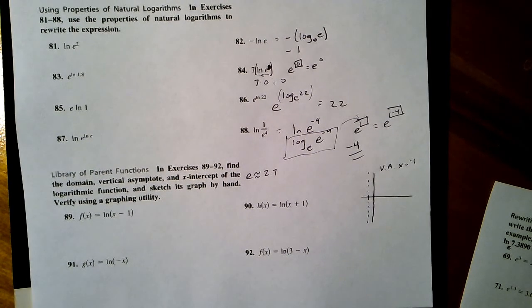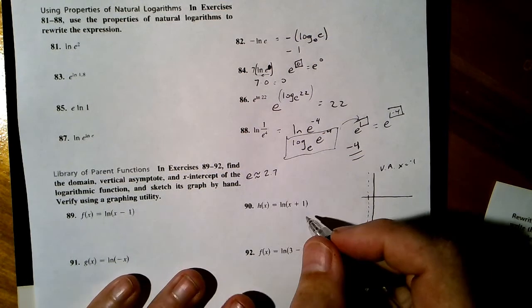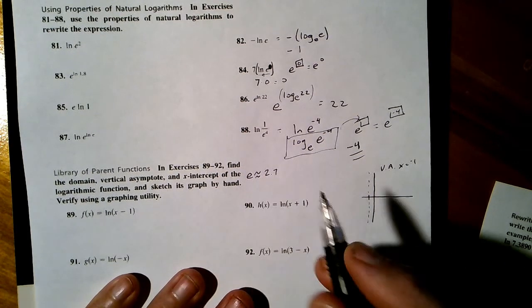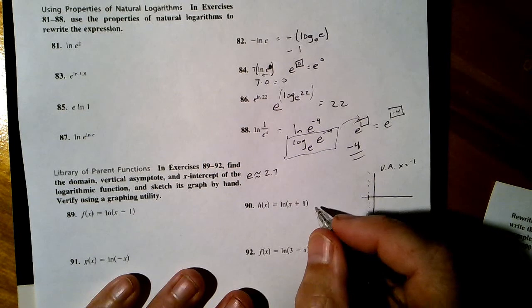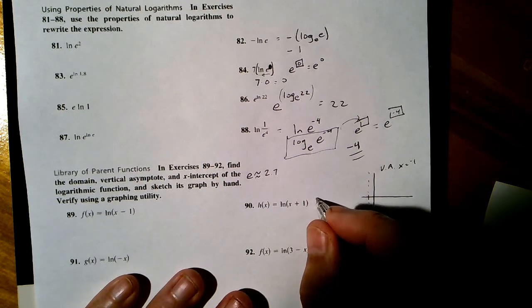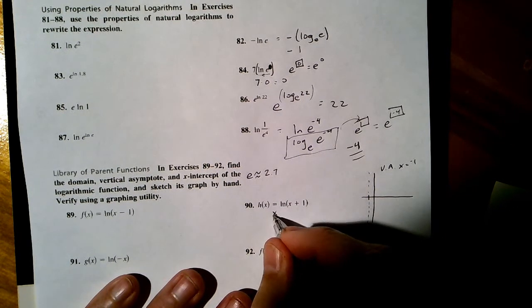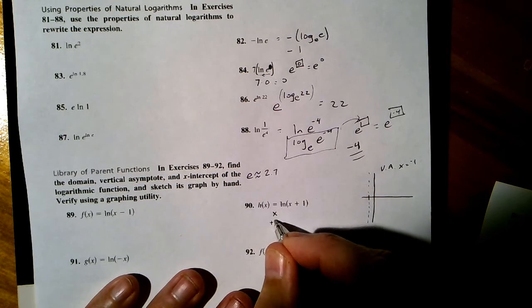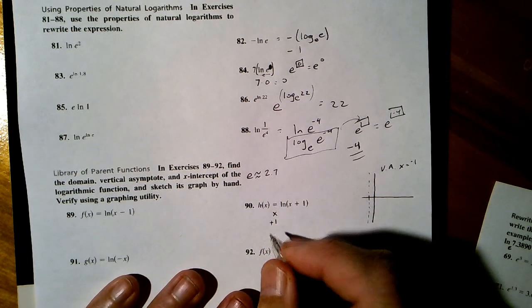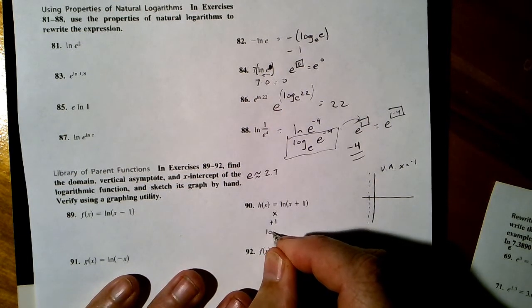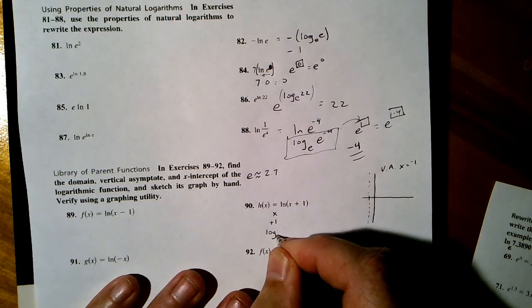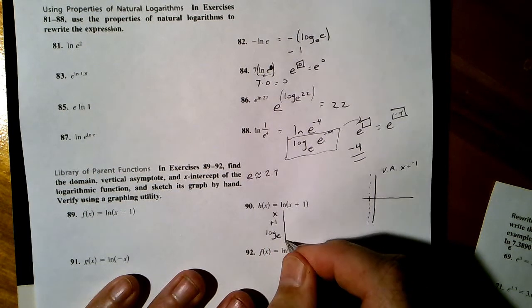And now I'm going to choose some decent values for this. So log base e. Let's see, I'm going to choose a value for x. I'm going to add 1, and then I'm going to take log base e of that.